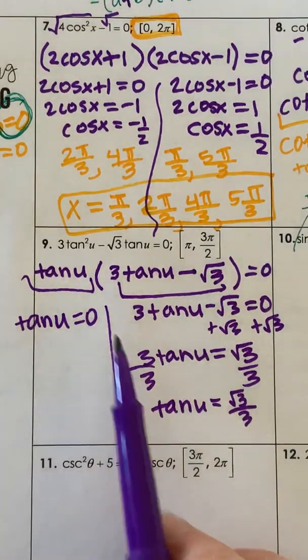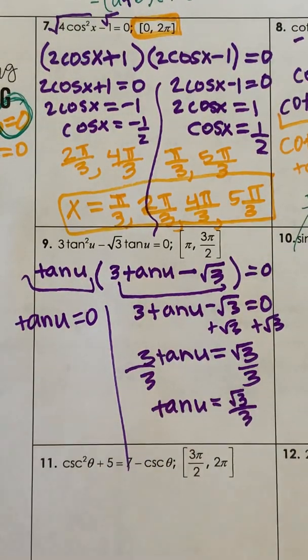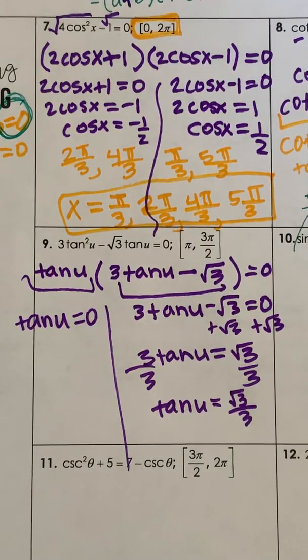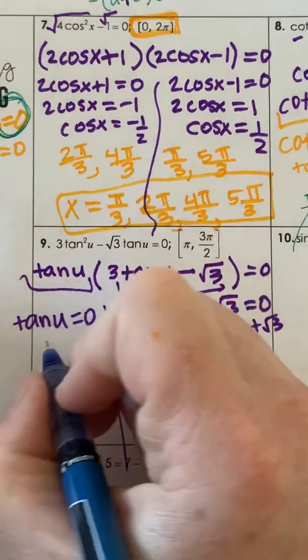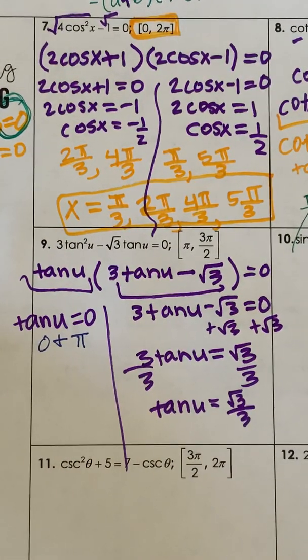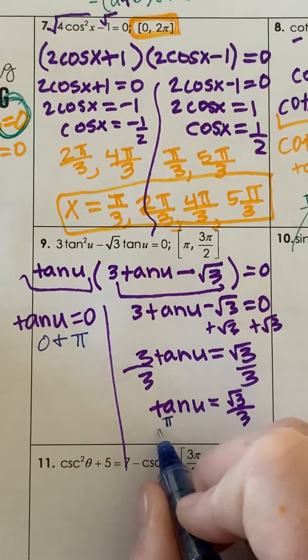Remember, you can't just inverse tan on the calculator, because that's not going to give you all the possibilities. So where's the tangent 0? That would happen at 0 and pi. And then where is tan u square root of 3 over 3? That would be at pi over 6 and positives. So pi over 6.